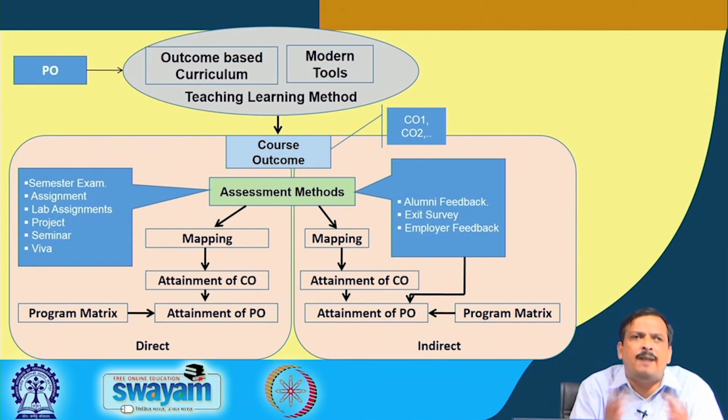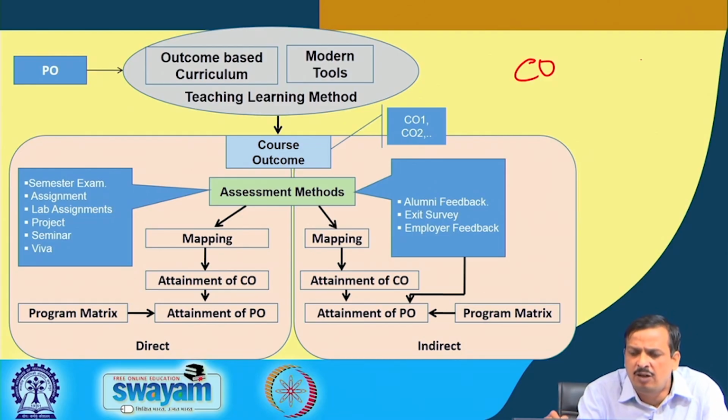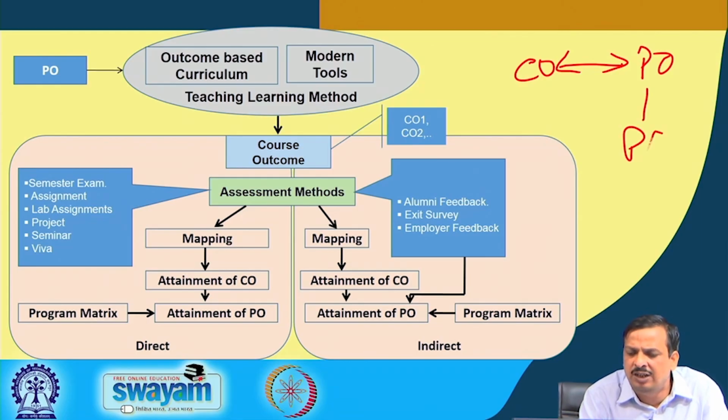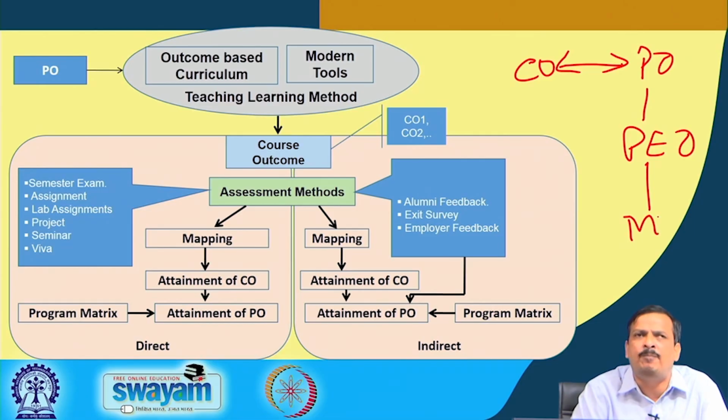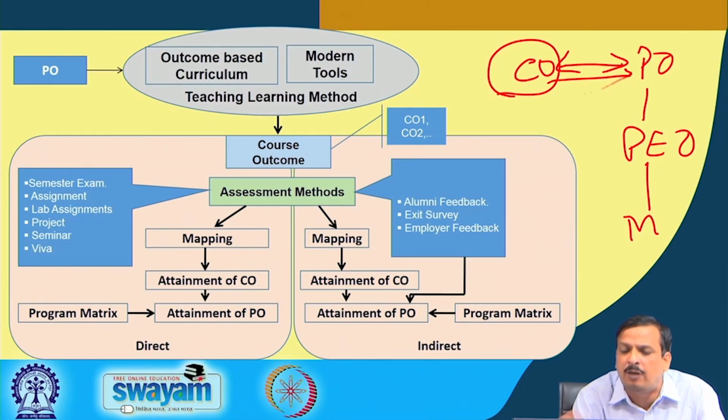If you see this diagram, what attainment do you want to measure? Either attainment of CO or attainment of PO. Since CO and PO are already mapped, and PO and mission are already mapped, if I am able to calculate the attainment of CO, I can calculate the attainment of PO.